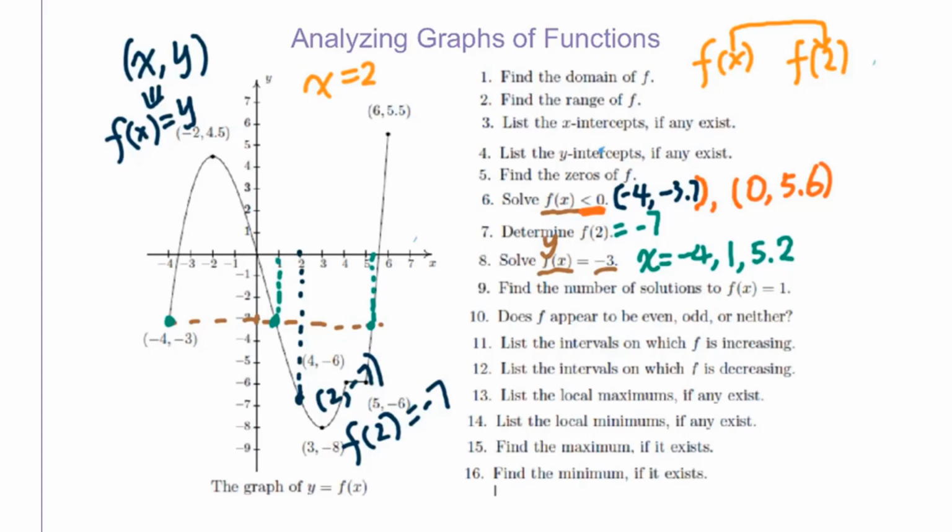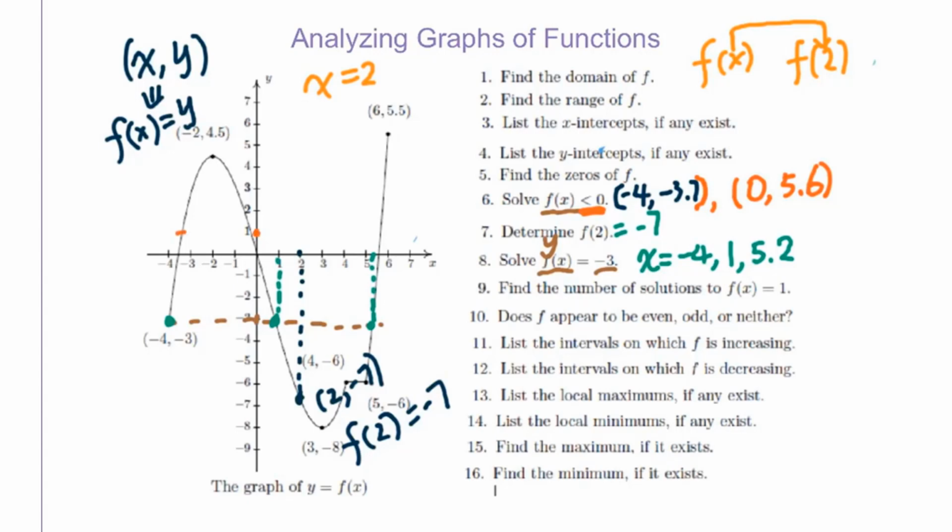For number 9, find the number of solutions to f(x) equals 1. Basically, we are not looking for what the solutions are, we're looking for how many solutions there are to f(x) equals 1. Find 1 on the y-axis. It's here.